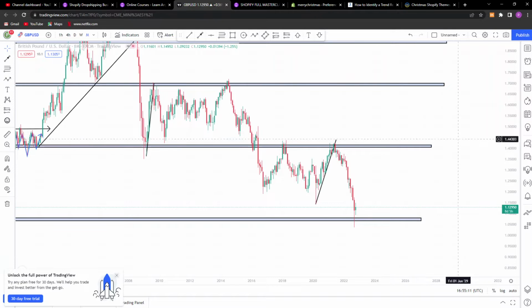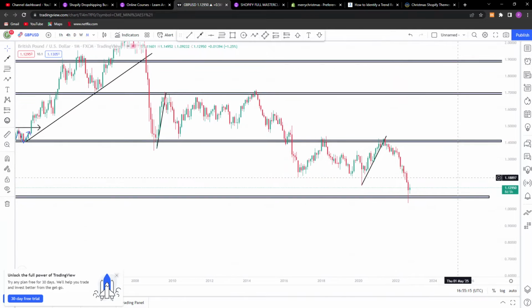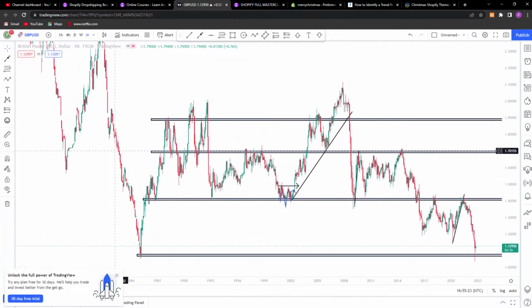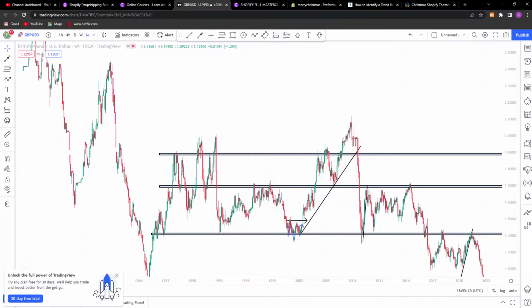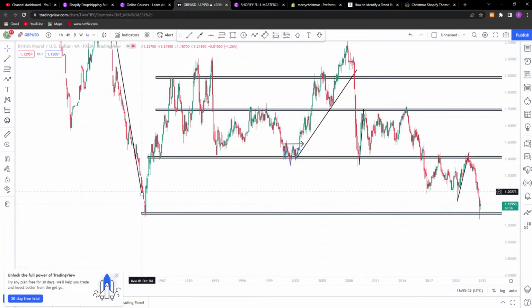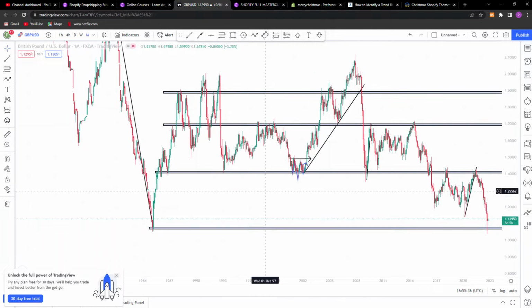So what you want to do at that point is you want to hold on. You want to take a break. For example, let me just give a good example. Look at this zone somewhere around here. When price tested this zone after a whole long push up, look at this impulse leg from here to here. That's more than how many pips? Let me measure that. Just hold on.